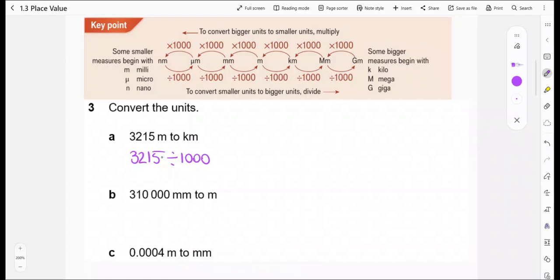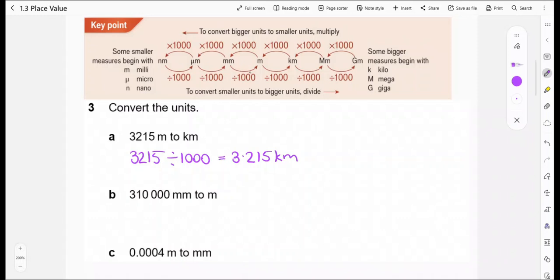I would have a decimal point that would be between the 3 and the 2, because currently my decimal point is here, and if we imagine either the decimal point moving to the left or the numbers shifting to the right, doesn't matter which way you do it, you will get 3.215 kilometres.